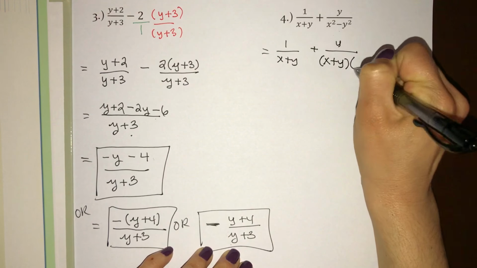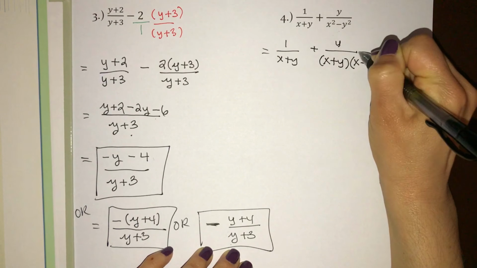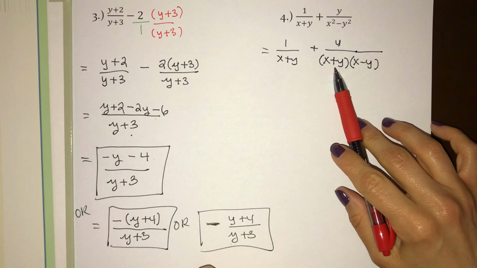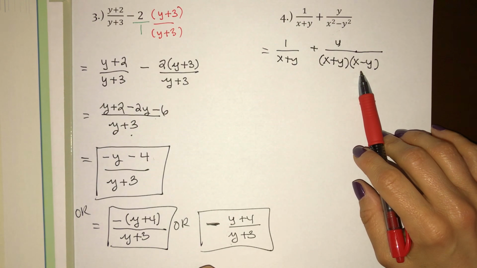That's a difference of 2 squares. Okay, so everything's factored in the denominator, and now we need to find the common denominator. The common denominator is going to be, in this case, x plus y times x minus y.